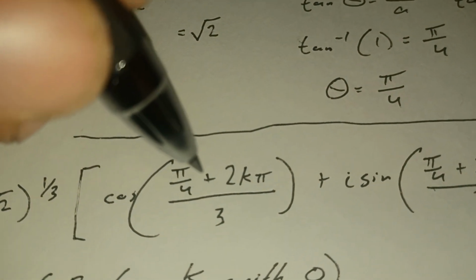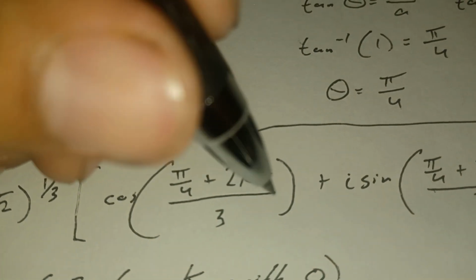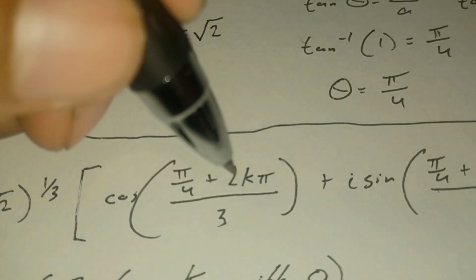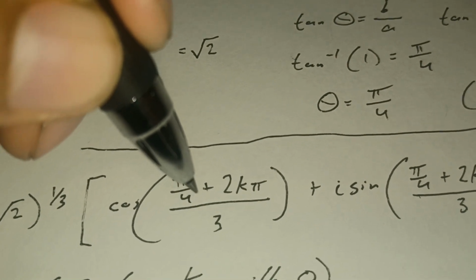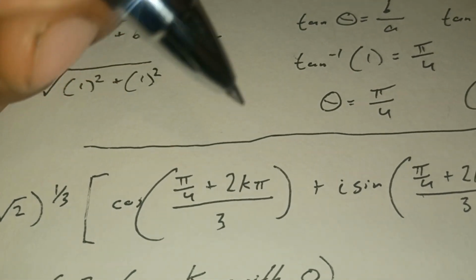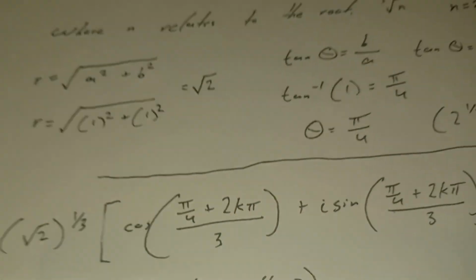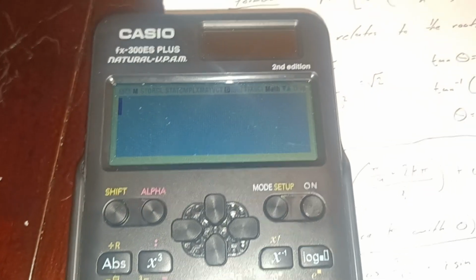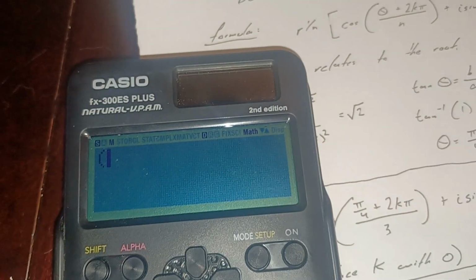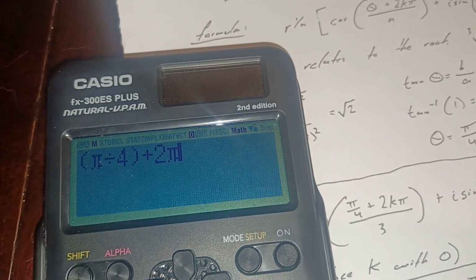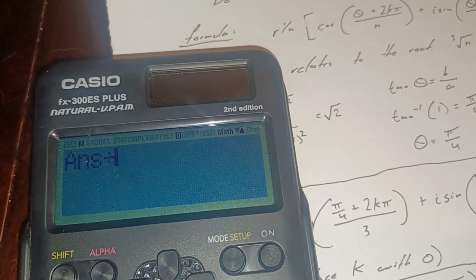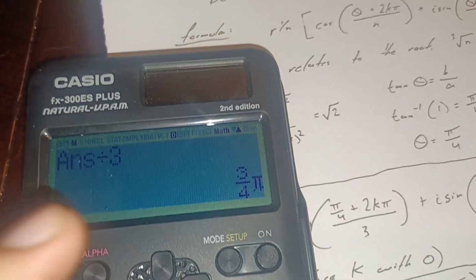So pi over 4 plus 2 pi divided by 3. You can do this manually if you want, but let's use the calculator to go a little faster. Pi divided by 4 plus 2 pi, divided by 3, gives you 3 pi over 4. So our new angle is 3 pi over 4.